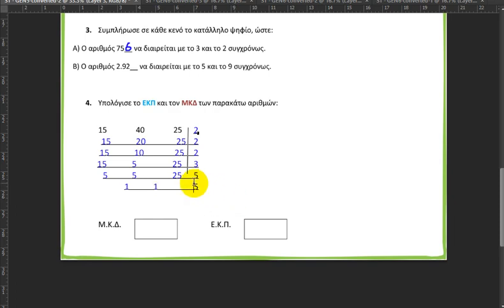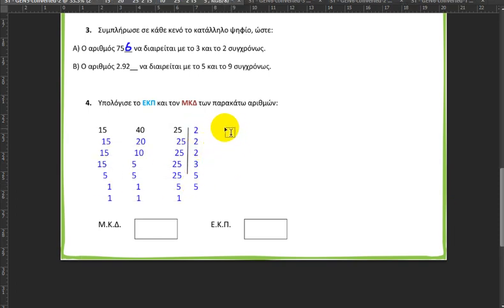And the 25 is going to become 5. And so the only thing I can divide now is the 5, and I can divide it only by 5. And so we get 1, 1, 1.